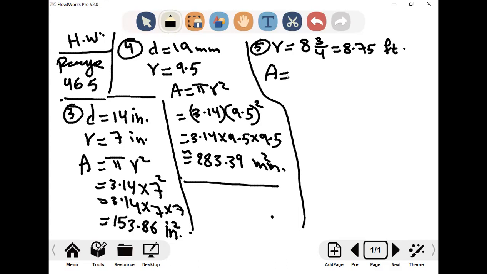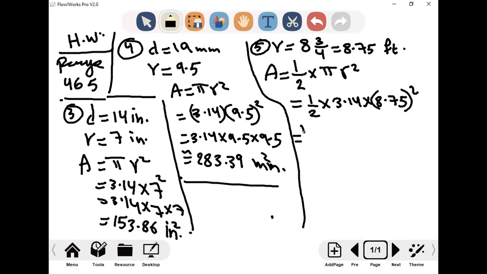So it equals half, don't forget the half, multiply pi r power 2, equals half multiply 3.14 multiply 8.75 multiply 8.75.